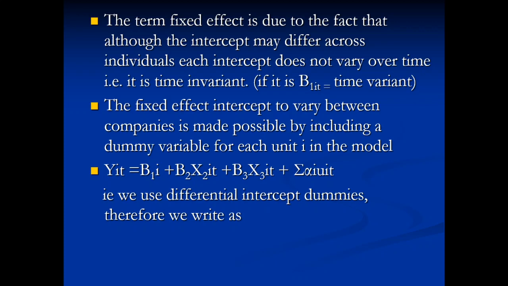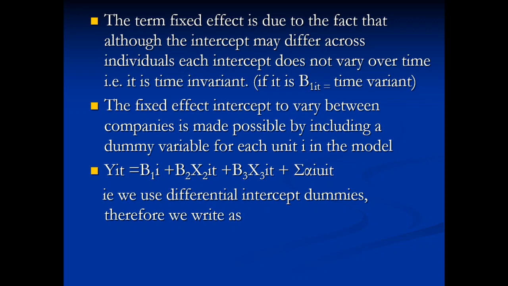Why is it called fixed effect model? Across time, this intercept term is not changing. Across time it remains constant. It changes only across cases. The fixed effect intercept varying between companies is made possible by including a dummy variable for each unit in the model.